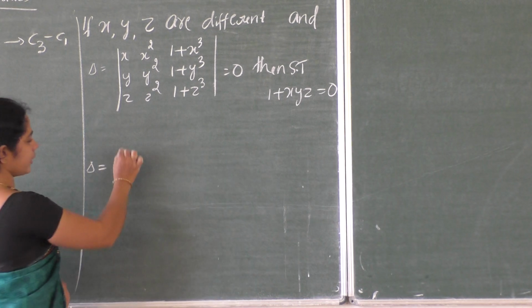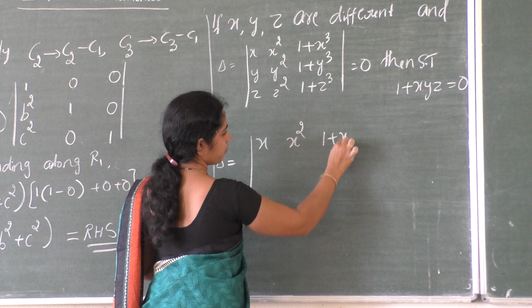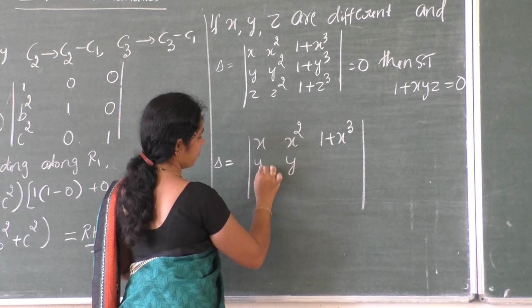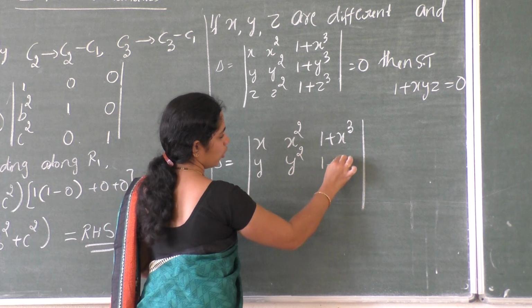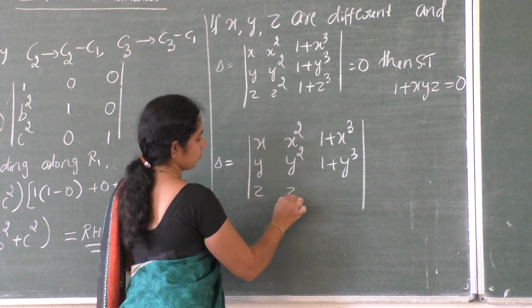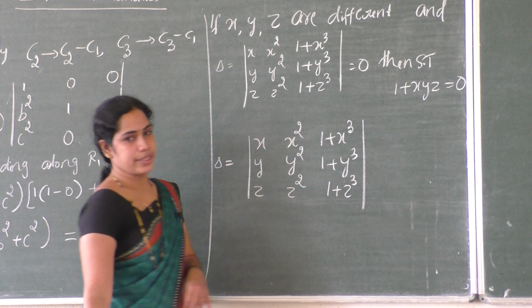Given that delta equal to x, x square, 1 plus x cube, y, y square, 1 plus y cube, z, z square, 1 plus z cube.